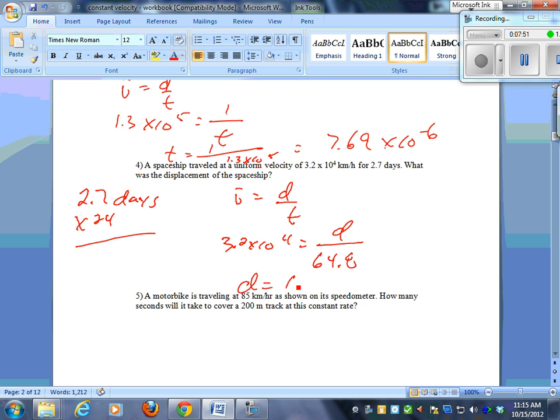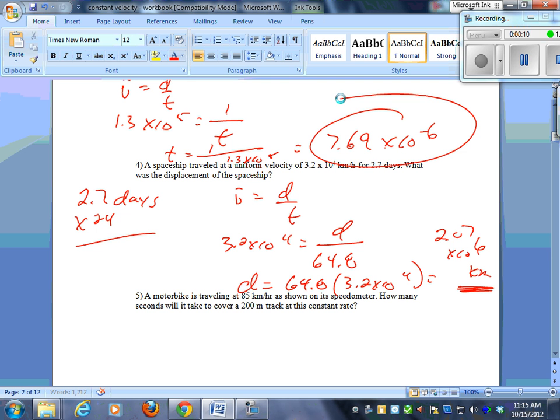So my displacement is going to be 64.8 times 3.2 times 10 to the 4. And my answer is 2.07 times 10 to the 6 kilometers. Your answer should always be in the bottom right-hand corner. That's where I look for answers.